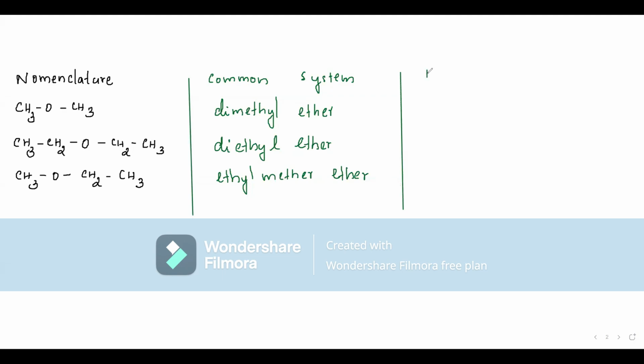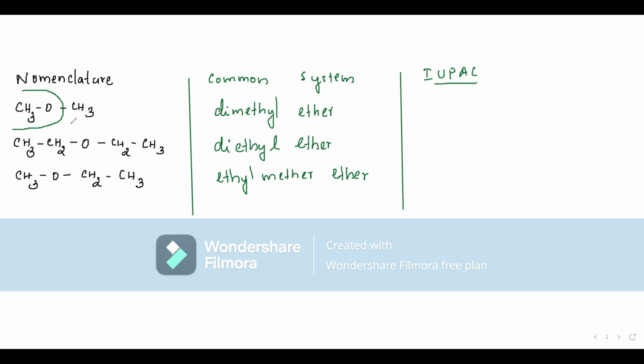Then the IUPAC names of these compounds. In the IUPAC name, you need to break the chain and oxygen moves away with the smaller alkyl group. But in the first and second case, we don't have to worry about which alkyl group is smaller because they are symmetric or simple ethers. So one of the alkyl groups will take oxygen, CH3O, and it becomes methoxy.